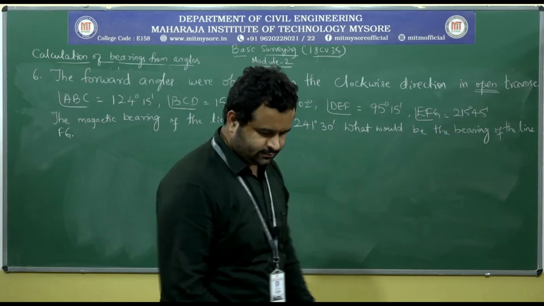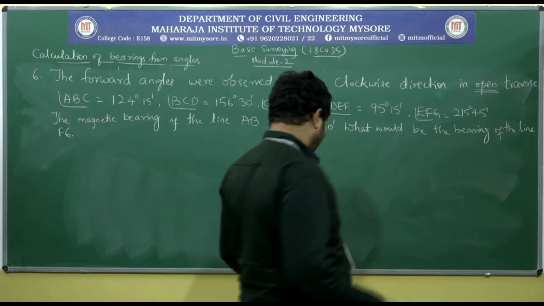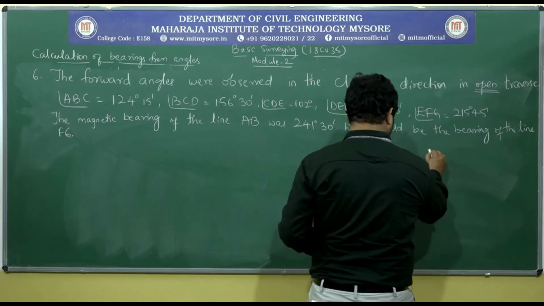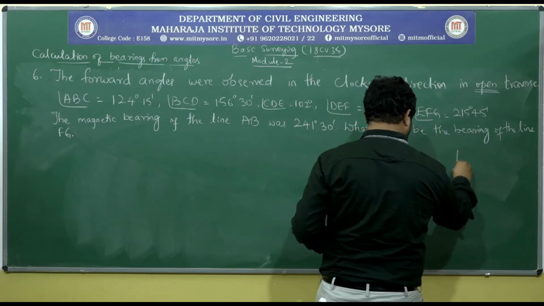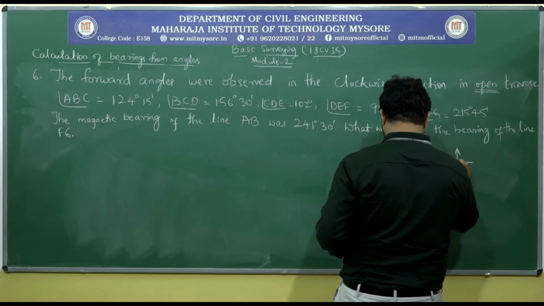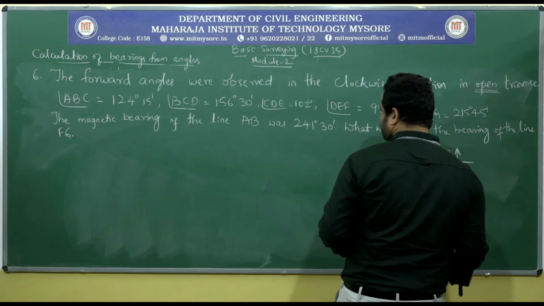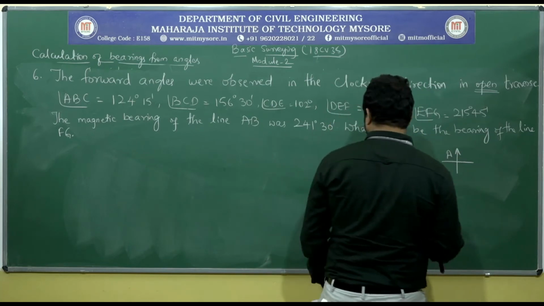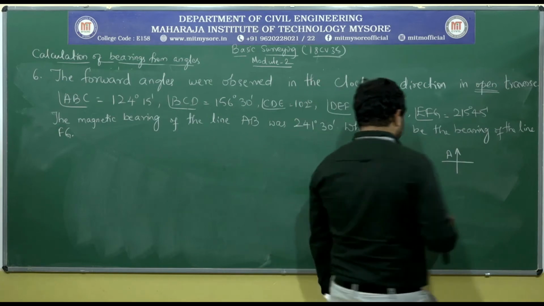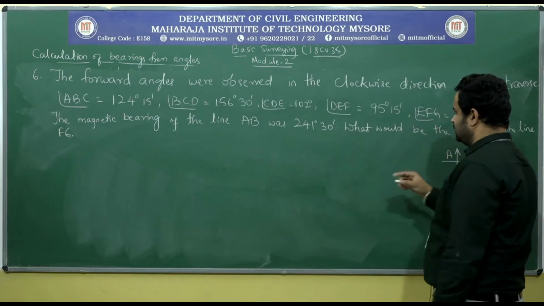Let me plot it. So this is station A, and the bearing of the line AB is given as 241 degree 30 minutes, which gives an idea that this line AB lies in the third quadrant.